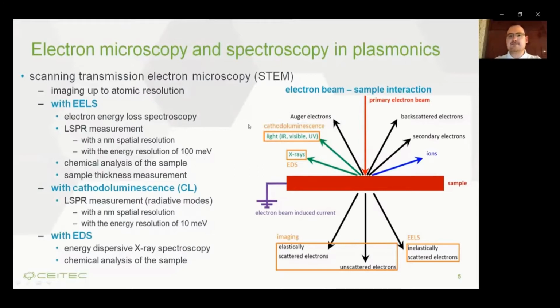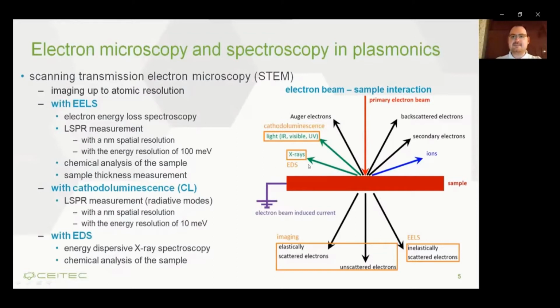Another very useful signal are photons, either light, it means infrared, visible, and ultraviolet light, which is detected by cathodoluminescence, and by CL we can measure radiative modes of localized surface plasmon resonances. We can measure them with a nanometer spatial resolution and with an energy resolution of approximately 10 millielectron volts.